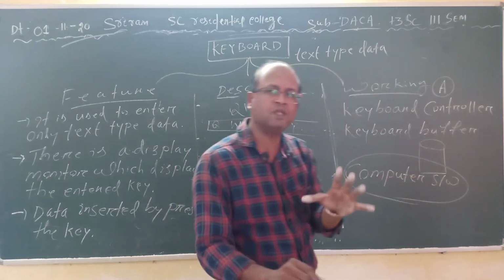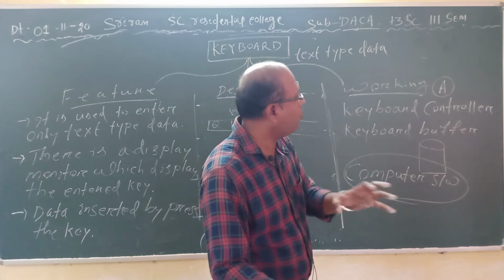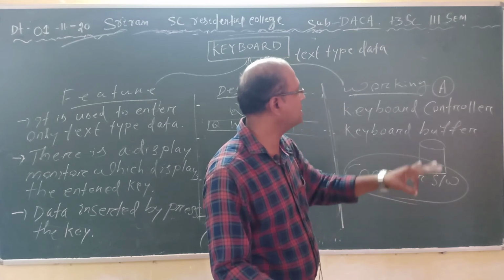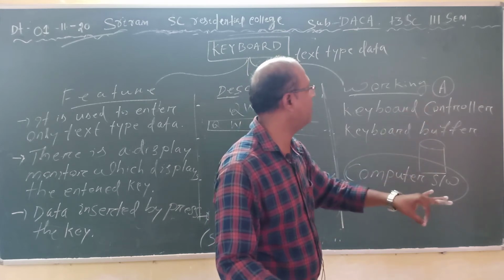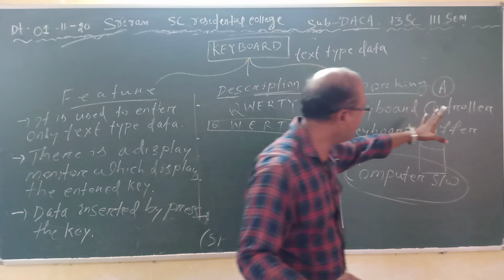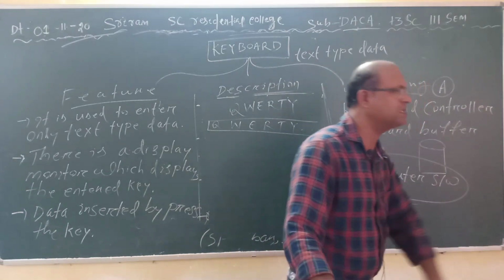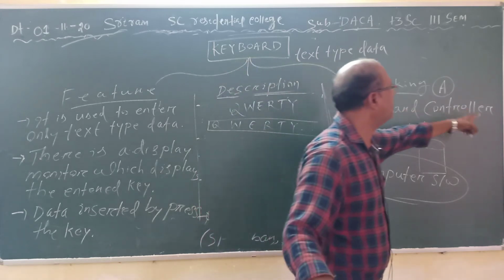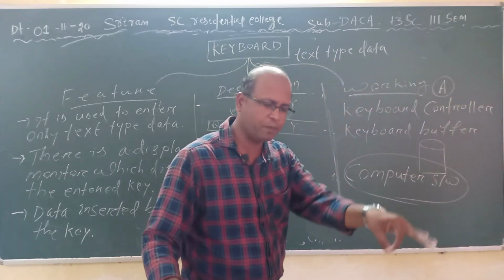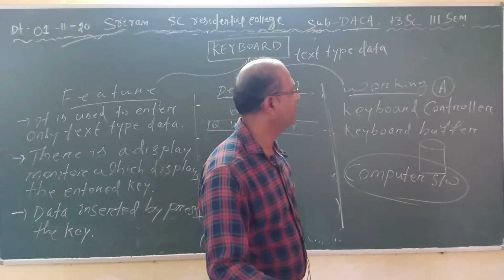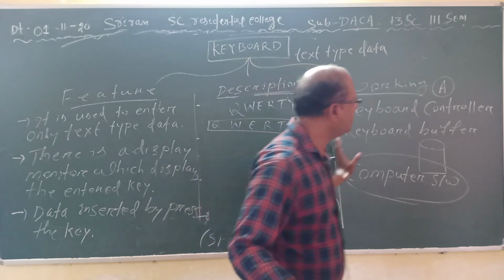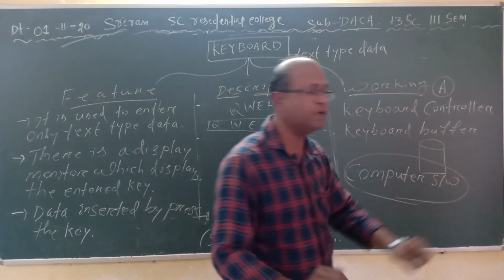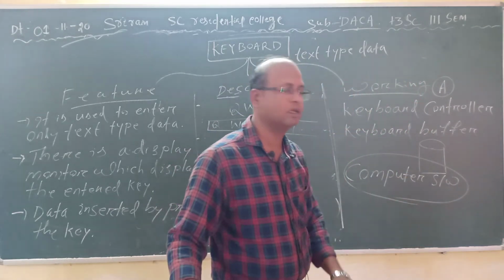The system software can understand that A is now pressed on the keyboard. When you press a character, that A is not directly understandable by the machine. At that time, the keyboard controller responds to your press action, and it also informs the computer software, that is the interface.